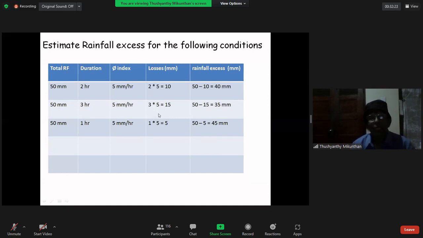So be careful with the unit. Here phi index is millimeter per hour. Sometimes rainfall may be in centimeter. So here all the units are in millimeter.